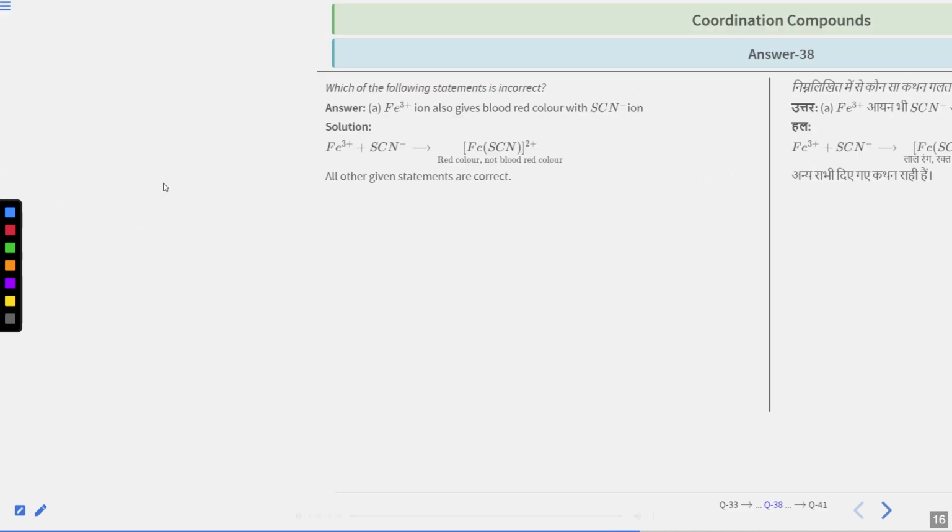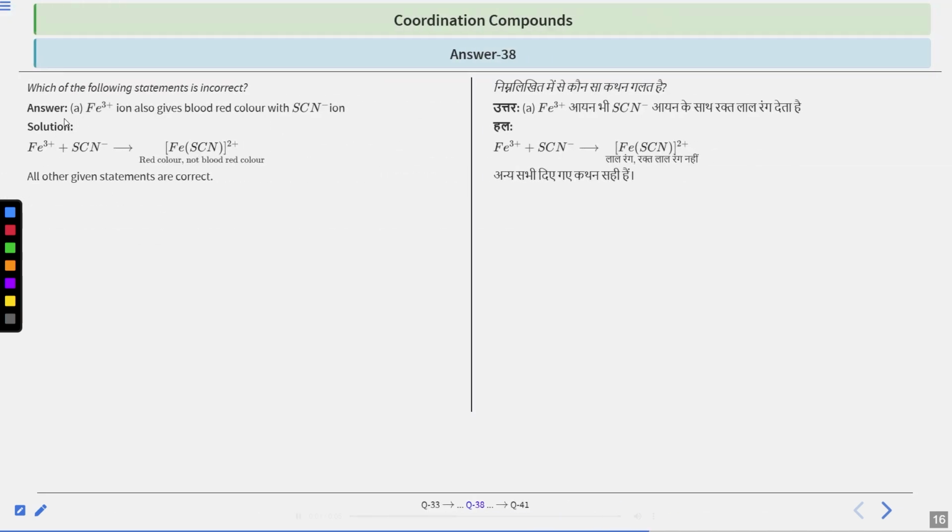Okay, let's see. The correct answer is option A, that is Fe3+ ion also gives blood red color with SCN- ion. This is the incorrect statement. If you add the iron in the 3+ state to SCN-, it will give this complex [Fe(SCN)]2+.